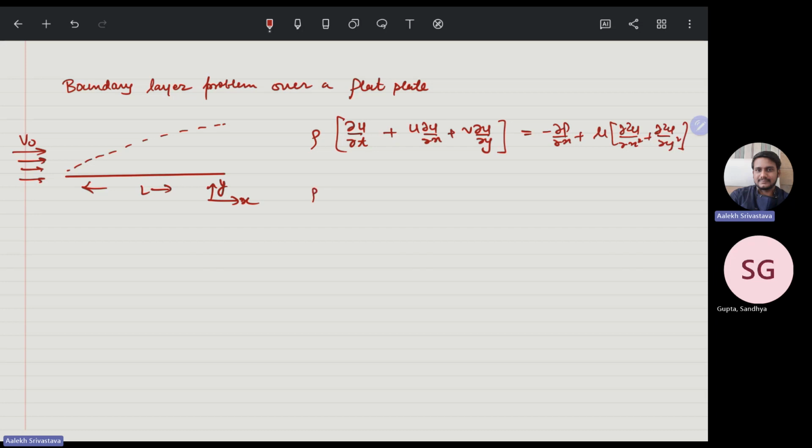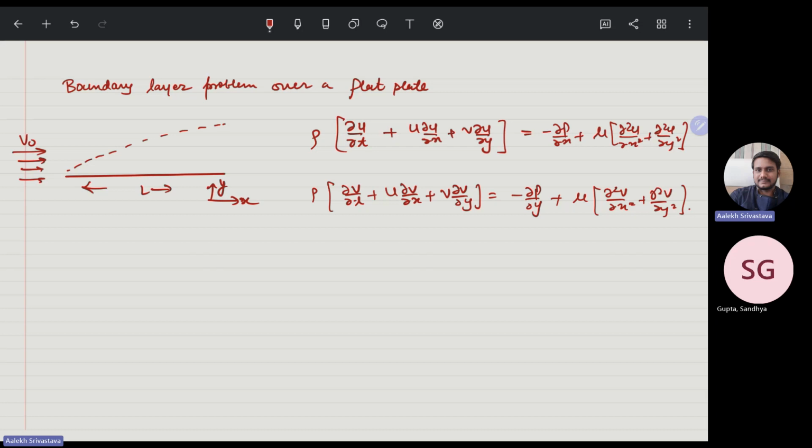This is a two-dimensional flow. Here also it is del V by del T plus U del V by del X plus V del V by del Y is equal to minus dP by dY plus mu times del 2V by del X square plus del 2V by del Y square.